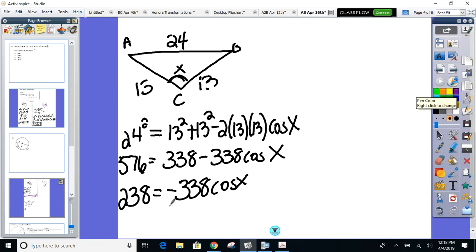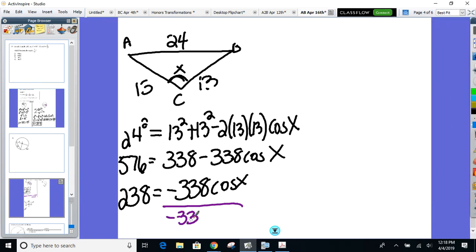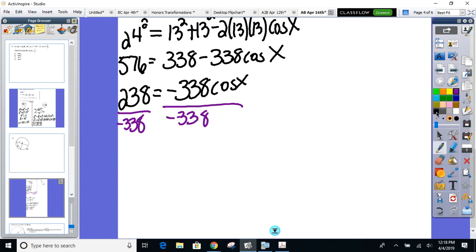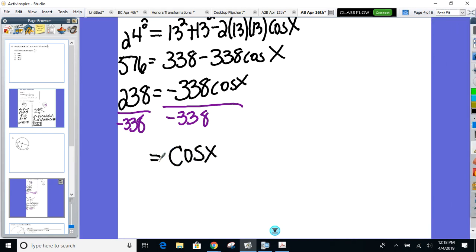Now we can divide both sides by negative 338. You can write out that long decimal if you want. You can leave it as a fraction, which I think I'll do here. So the cosine of x, let's see what we end up with. 238 divided by negative 338. I have negative 119 over 169. All right, how do I get x again? Remember, anytime you want to find an angle, we go to the inverse button on your calculator.